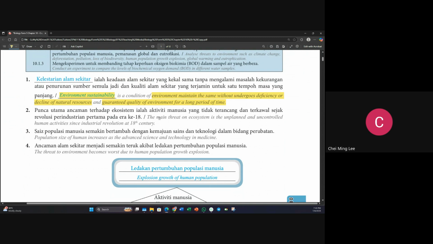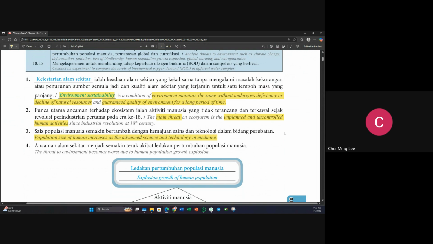So the main threat in the ecosystem will be the unplanned or uncontrolled human activity ever since the Industrial Revolution. The human population size has increased due to advanced science and technology in medicine.